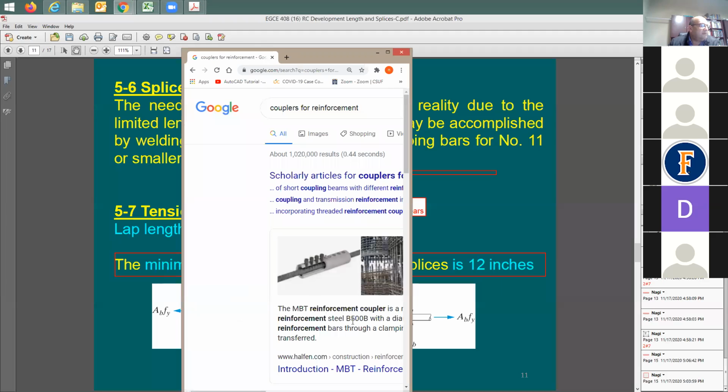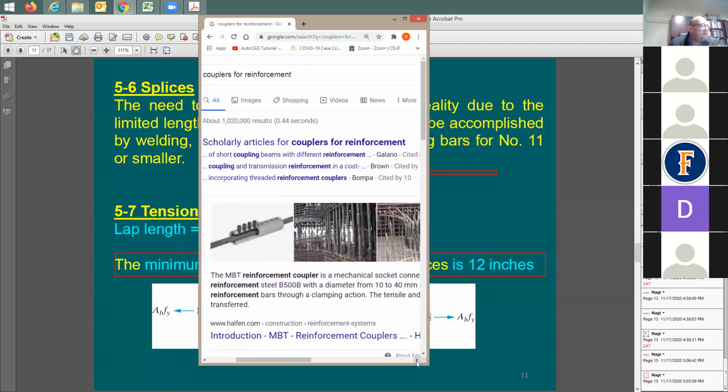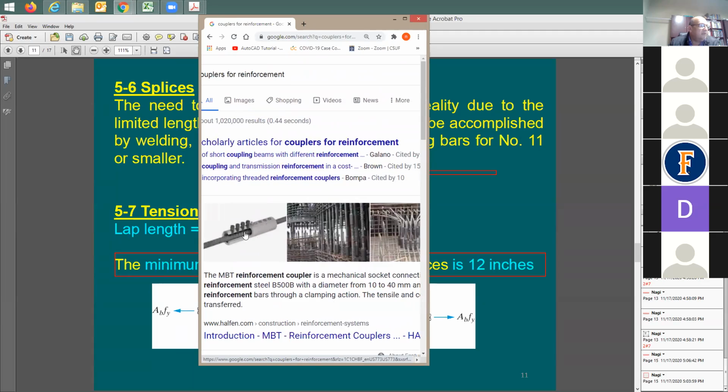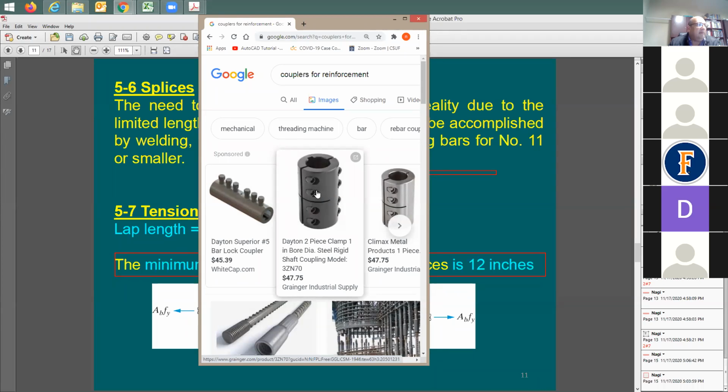Okay. Here's one of the couplers, right? Look at this. I hope this is clear enough. You see this? Here's a coupler. It's just rated. So let's say if you put it for number 8, it means this is going to be strong enough to support number 8. So you don't really need to do anything to it. There is more than one coupler type. You see this? So you can just screw it down, and you see the cost for number 5. Oh wow! It's not really small. But you see this?